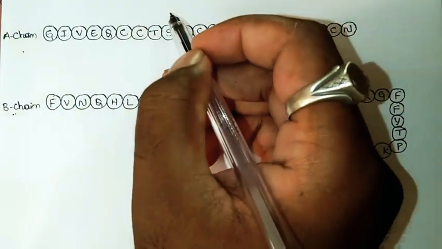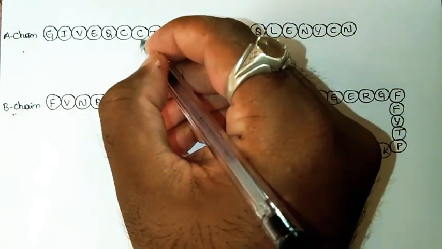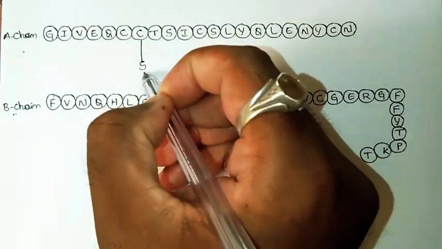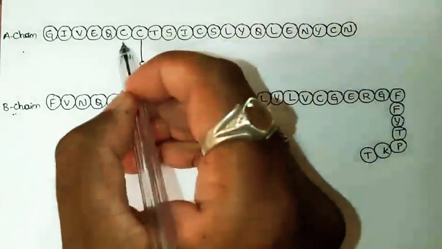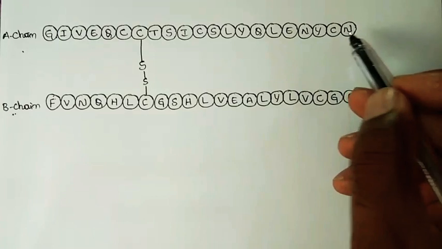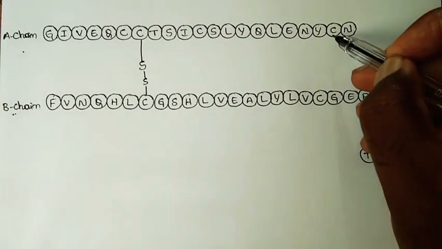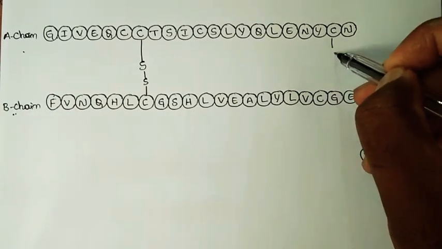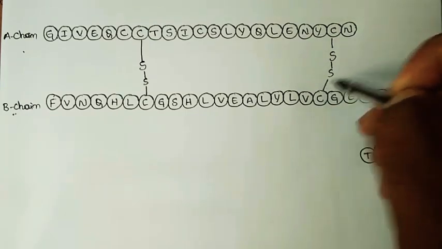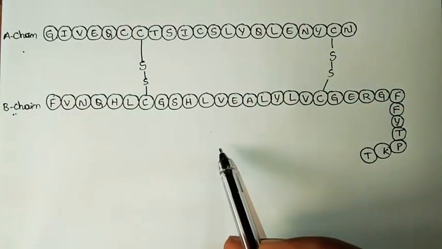And here the two disulfide links present between these two are: between the second cysteine unit present over here as well as the cysteine part of this chain, and the second disulfide link present between this and this will be the second cysteine unit present from the last as well as with this one. So these are the two disulfide links present between the two polypeptide chains.